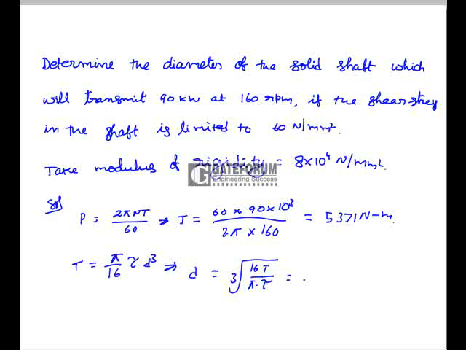All the values are known, that is 16 into 5371 by pi into tau, 60 Newton per mm square, and the torque is 5371 Newton meter, so put another 10 cube here, which gives a value of 77 mm. So in the options, the right option is A. A is the right answer.